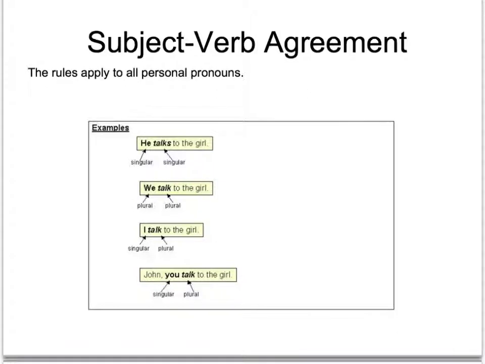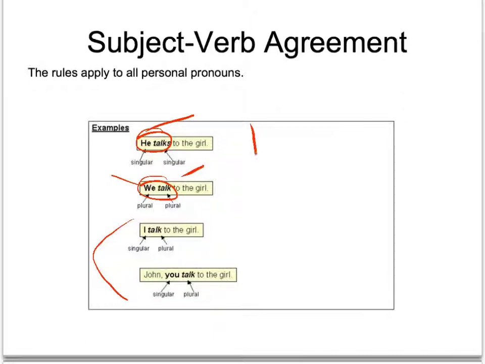Using pronouns can also be a little bit confusing for the words I and you. Clearly, if it's he, that's singular, so he talks makes sense, and we, that's more than one person, so we talk. You have a plural, we, and talk, a plural verb. Okay, that makes sense. But when you use I and you, you have to use the plural verb form.